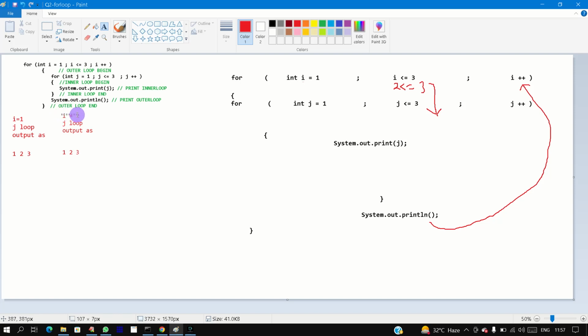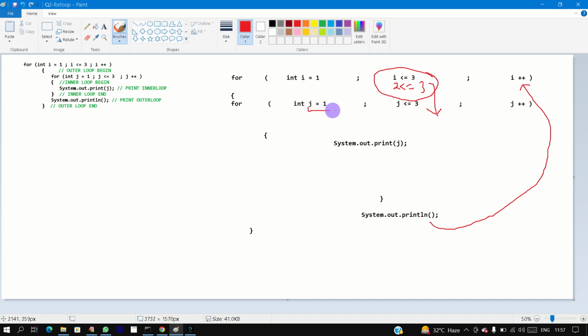Remember this thing, i is equal to 2 now. When i is 2, 2 is less than or equal to 3, the condition is true, we are going inside the inner loop.